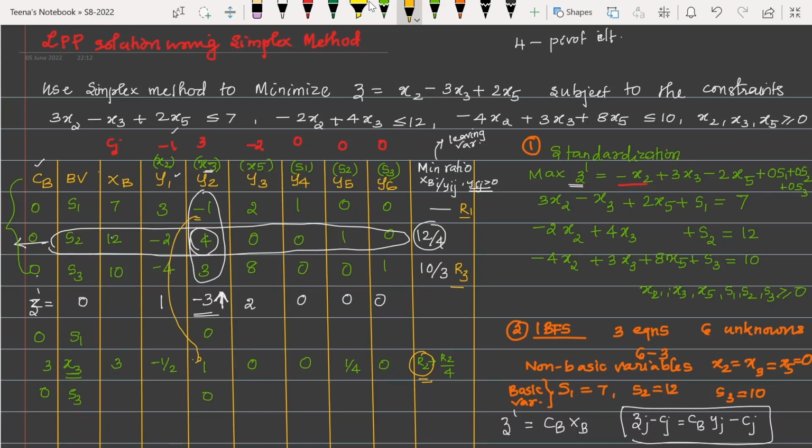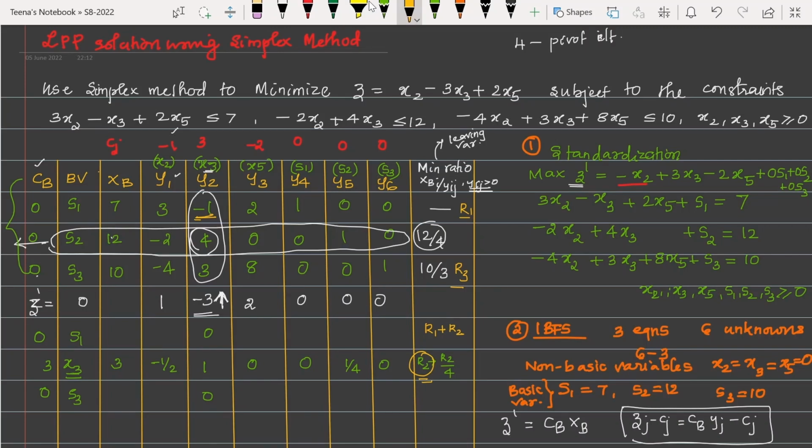So minus 1 plus 1 will make it equal to 0. That is why we write the transformation as R1 transformed to R1 plus R2.